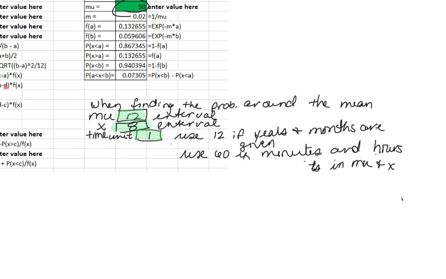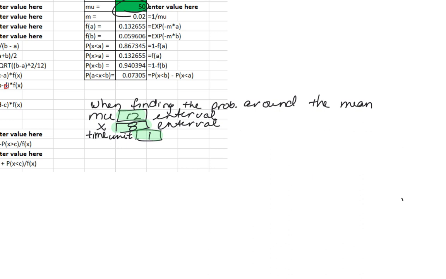So I'm going to erase this, and I'd back it up a little bit. All my green, by the way, all of my green should have been lining up. And so I would do a negative mu, parentheses, mu minus x divided by time, divided by mu. Okay, so I would then have a box here, but it's not going to be green because I would actually be grabbing the cells that do all of that, right?